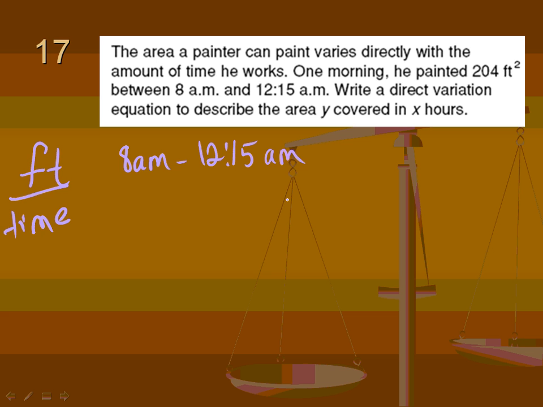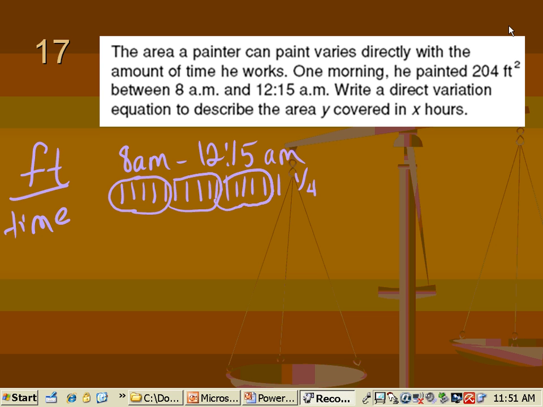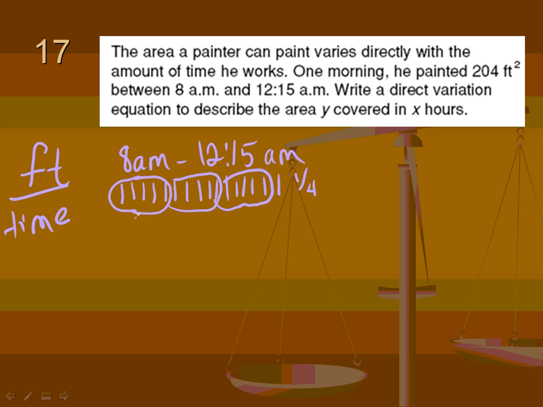If you count it straight up, you're going to get 8, 9, 10, 11, 12, 1, 2, 3, 4, 5, 6, 7, 8, 9, 10, 11, 12, and 15 more minutes, which is 1/4 of an hour. Okay, so looking at this, these are in groups of 5s. I have 5 here, 5 here, 5 here. That's 16 and 1/4. So the time we're looking at is 16 and 1/4, or 16.25 hours.